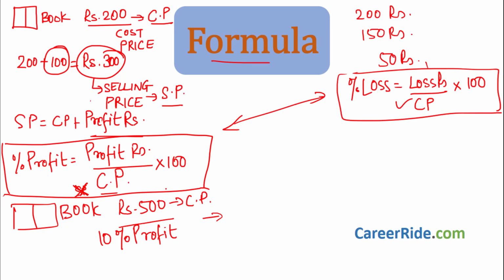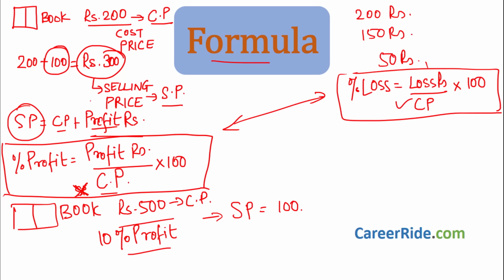What we did earlier was, selling price is nothing but cost price plus profit in rupees, correct? Now since profit is given in percentage, we know that a whole thing is always taken as 100%, correct? So we'll write 100%.